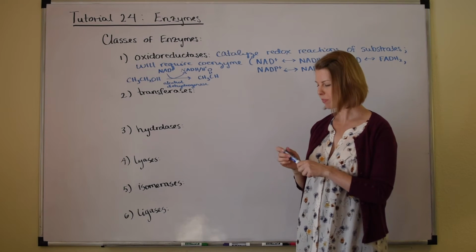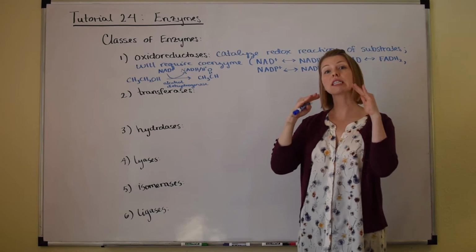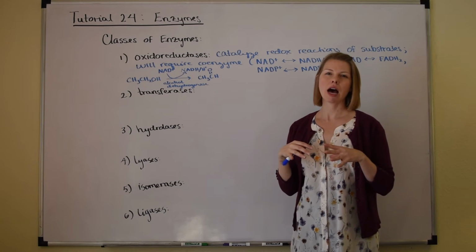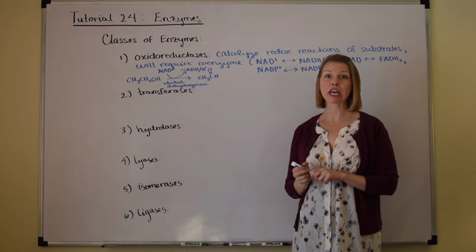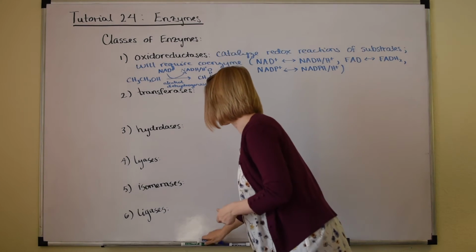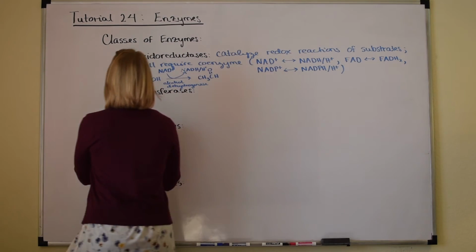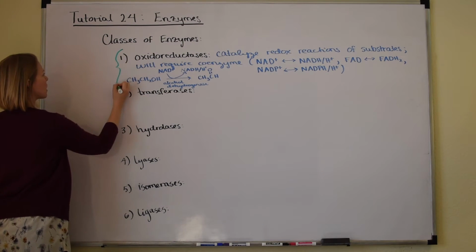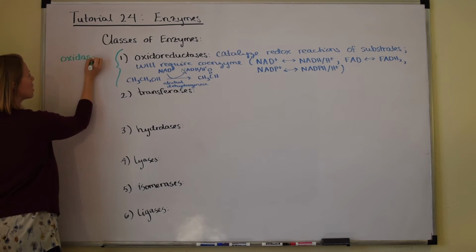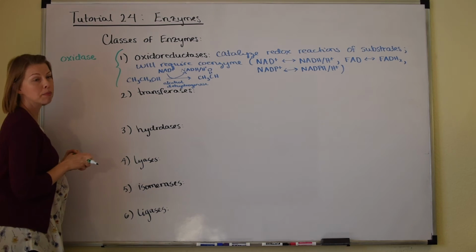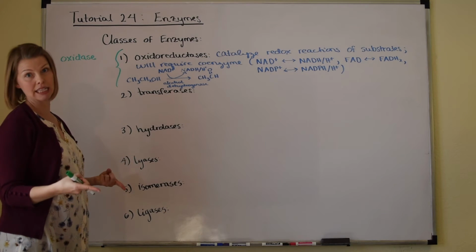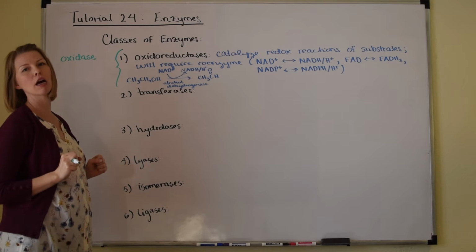Okay. All right, so there are different subcategories within each of these 6 categories. So for oxidoreductase, you will see names like, and I'll write them over here to the side, I'll write them in green so they stand out a little bit. You'll see names like oxidase at the end of the enzyme name. That means that this is an enzyme that is oxidizing, specifically oxidizing a substrate.